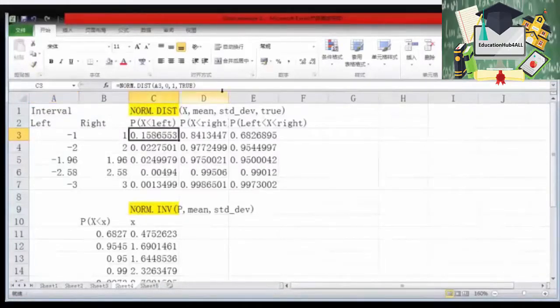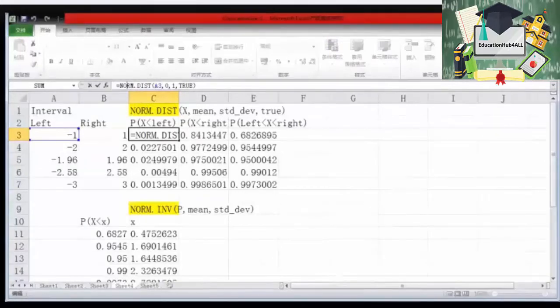So let's see if we use this function. The normal, basically there's a special name. If you just input NORM, you see a few things. This represents any normal distribution.